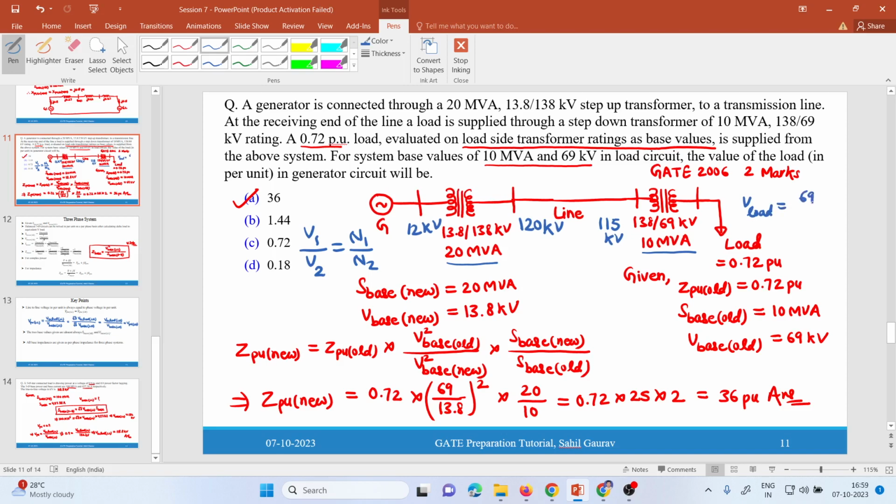V load will be 16 into 115 divided by 138. This much voltage you are getting here. In practical systems we generally have a different scenario, but in the problem we have to go through what they are saying.